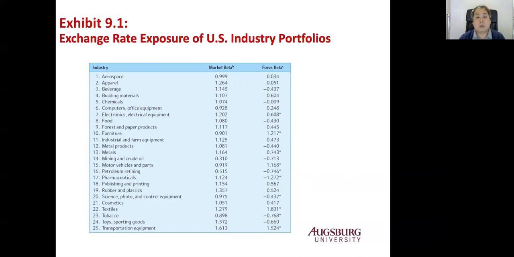Depending on the industry, some forex betas are really high, some are low or close to zero, some are negative, some are positive. Out of 25 industries studied here, 10 were found to have significant exposure to exchange rate movements. So it doesn't matter whether a company runs a business in the US or in a foreign country, everybody is now affected by the exchange rate in economic terms.